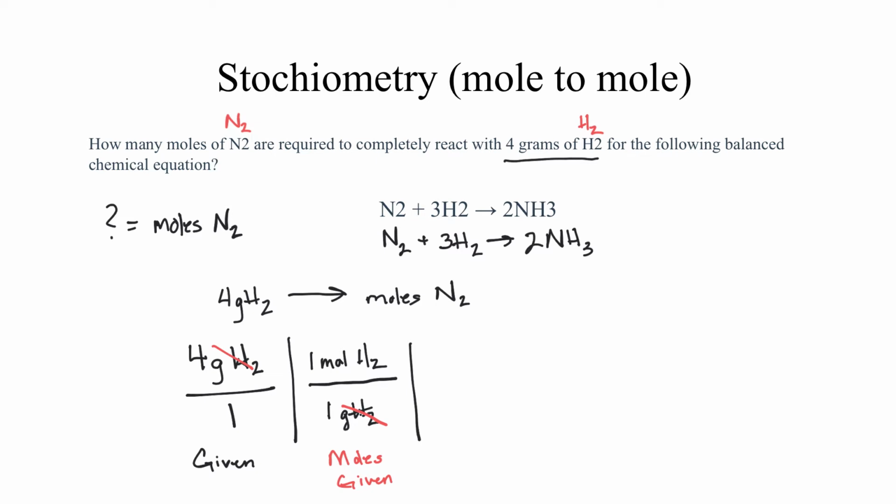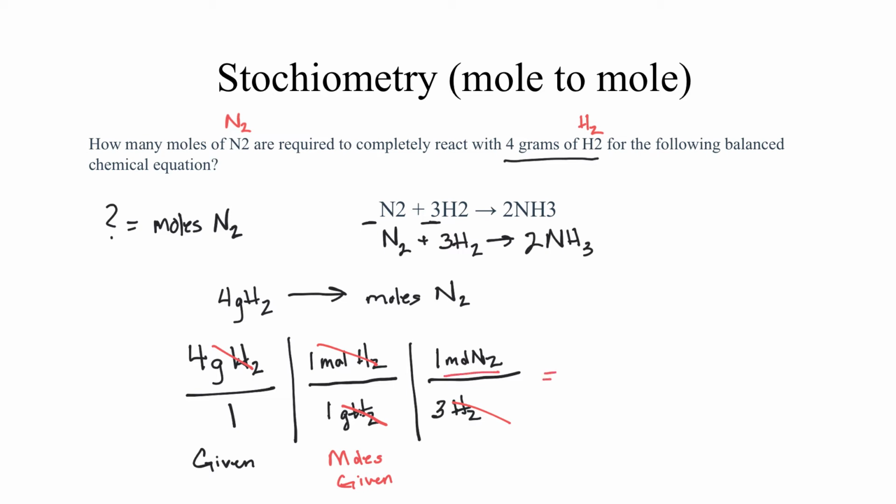So we have 3 moles of H2 to 1 mole of N2. And since we're trying to find moles of N2, we're going to put 1 mole of N2 on top and 3 moles of H2 on the bottom. And then all we have to do is multiply through, because now our grams of H2 have canceled, our moles of H2 have canceled, and all we're left with is moles of N2.